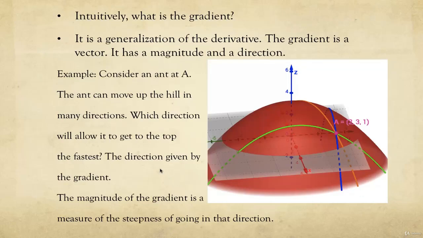The magnitude of the gradient vector tells you the steepness of going in that direction. This is a beautiful geometric interpretation of the gradient.